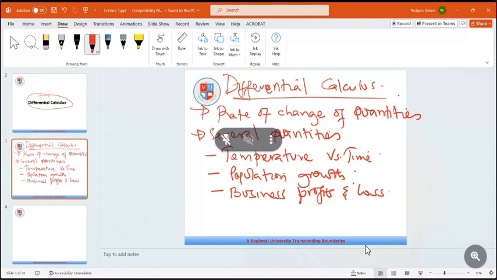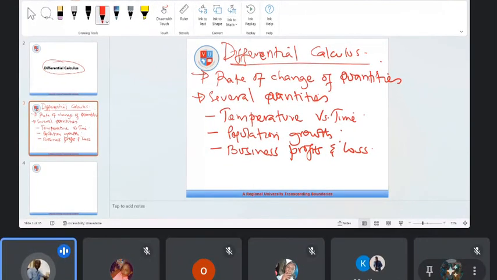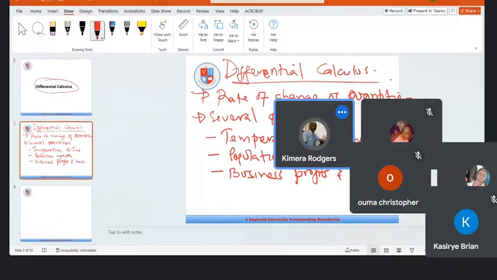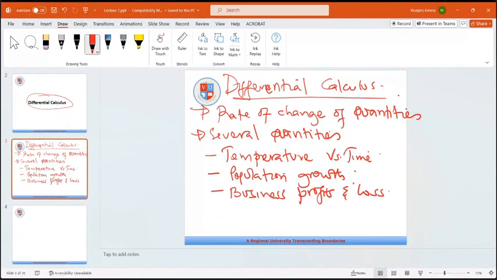We realize that at every point, as x changes, it also triggers the function to change. So differential calculus examines how best we can express this function in a form that captures this kind of change.